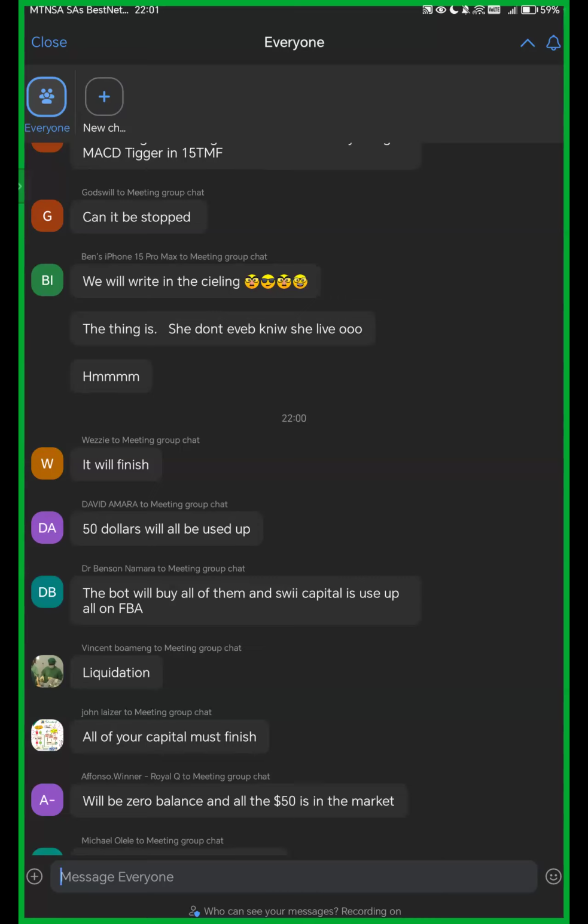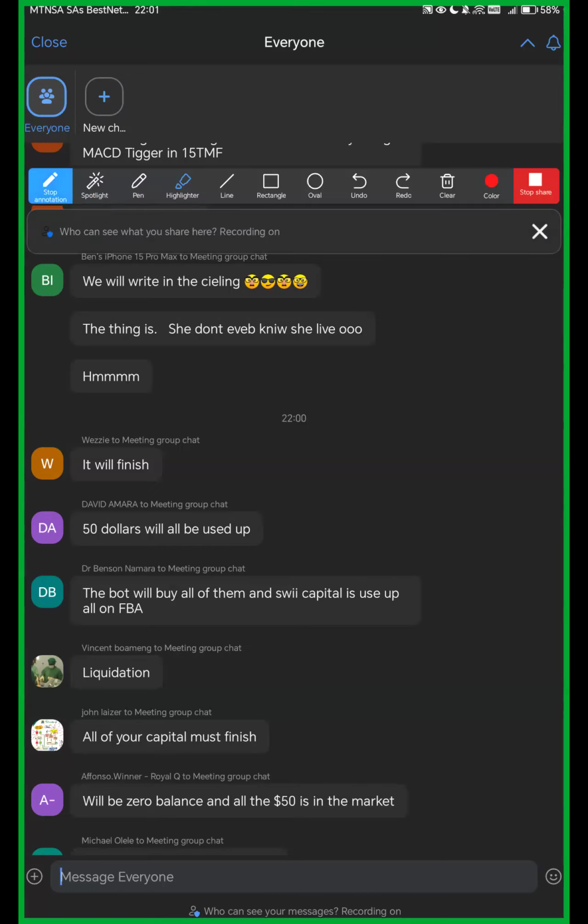So what should you do? If you activate 5 trades, if you set up 5 coins for the robot to monitor, what should you do? Go to your exchange. If you're trading in the spot market, out of the $50 that you have as capital, remove 40 and put it in the funding wallet.